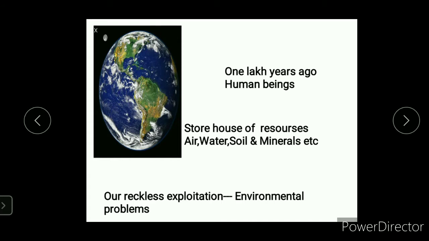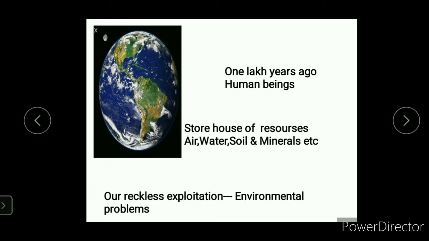So to provide irrigation, we diverted the rivers, which were flowing naturally, into our fields, making some adjustments and alterations to the flowing rivers. So that is a change we have made on Earth. Like this, we have made many changes on the Earth.